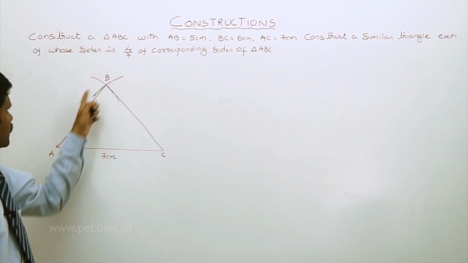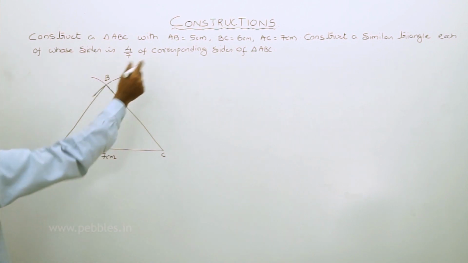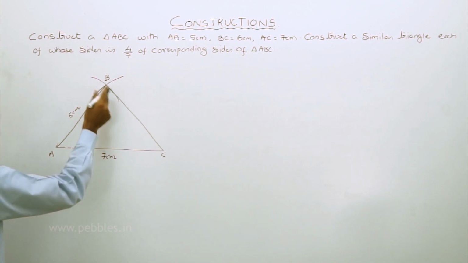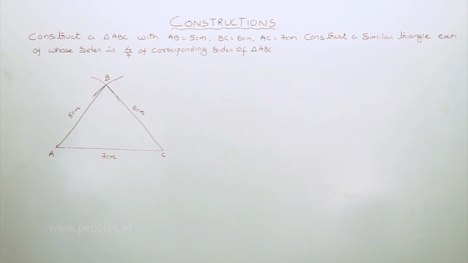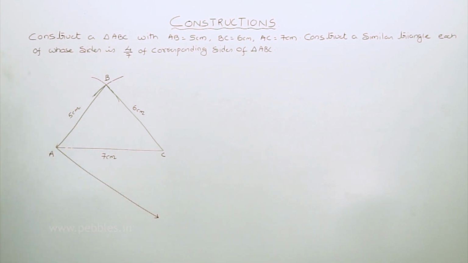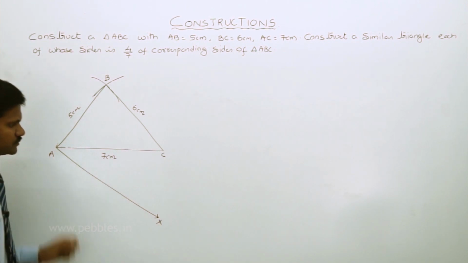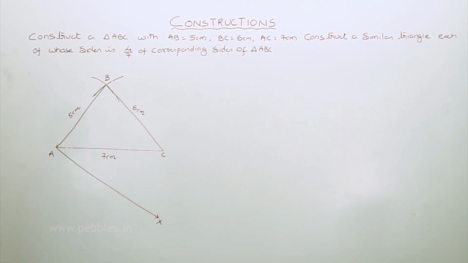Join BA and BC. Now AB is equal to 5 centimeters and BC is equal to 6 centimeters. Now draw an acute angle CAX.